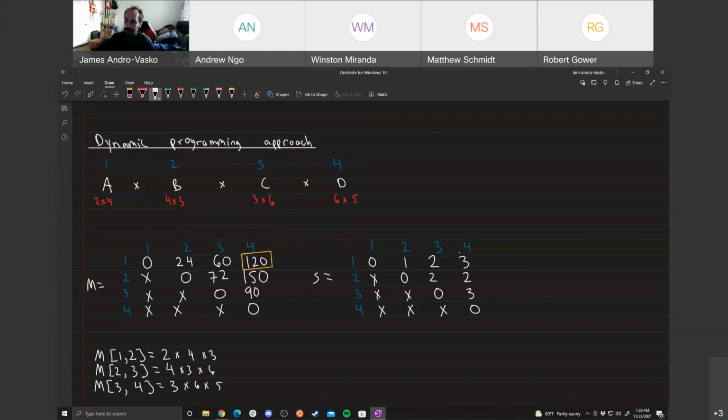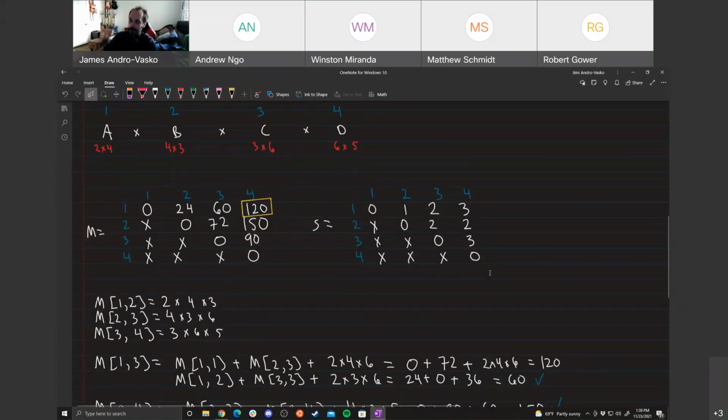That's our answer. And then this number here, this 3, is a way to kind of compute or construct our solution. So a 3 here means that it will multiply a times b times c times d. So the whole product, a times b times c times d.